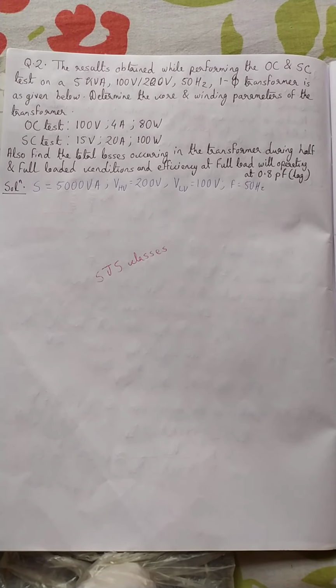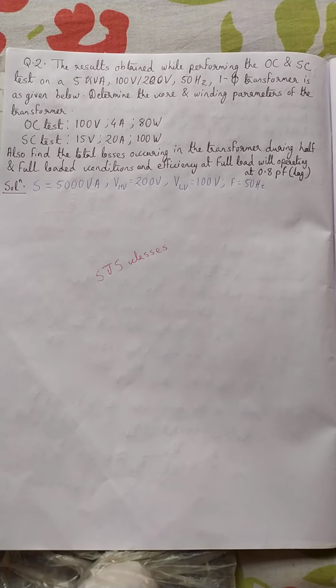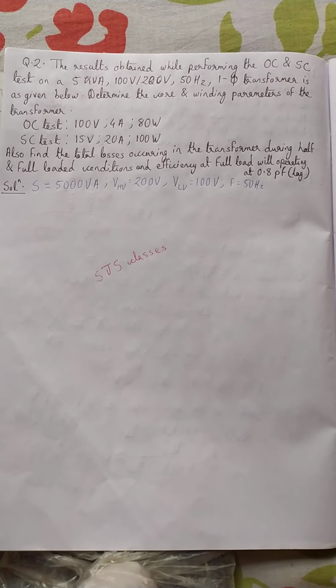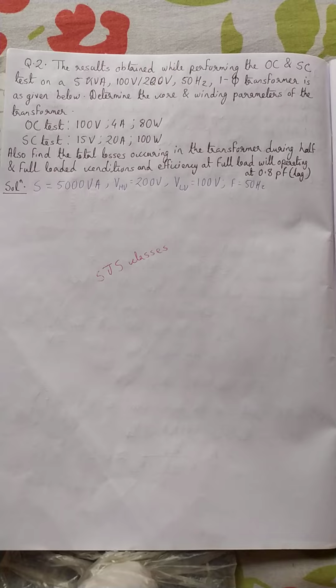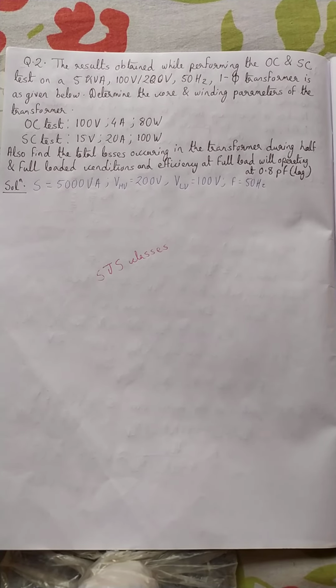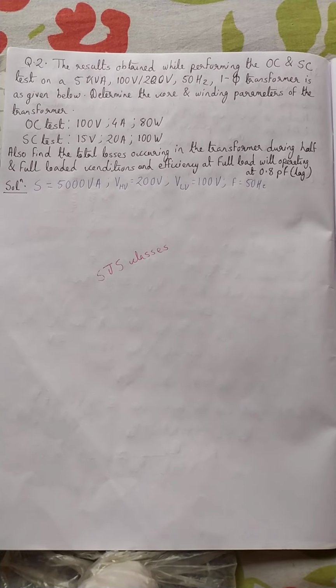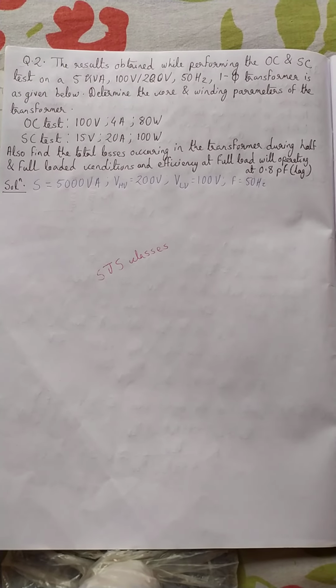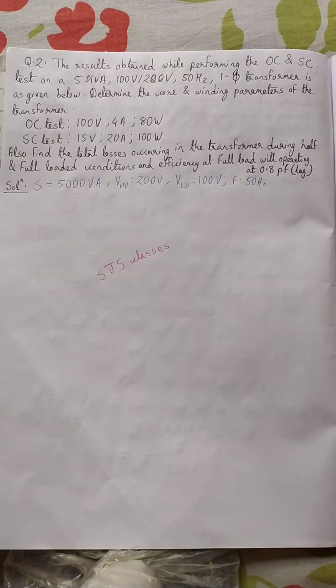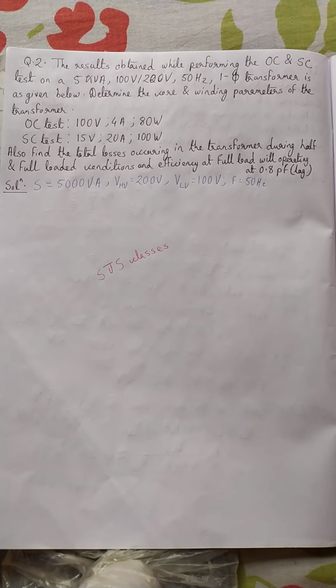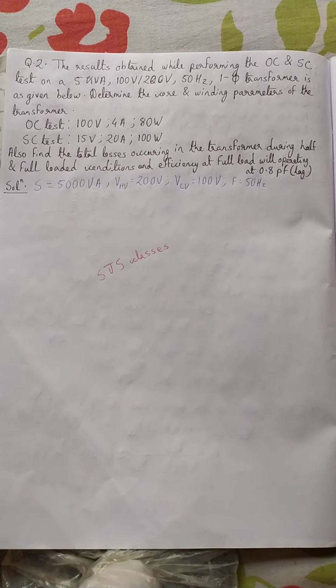Once losses are known, for a given power factor we compute the output of the transformer. From the output and output plus losses, we get the efficiency. That is the basic ideology of this particular problem. So these are the data given to you.